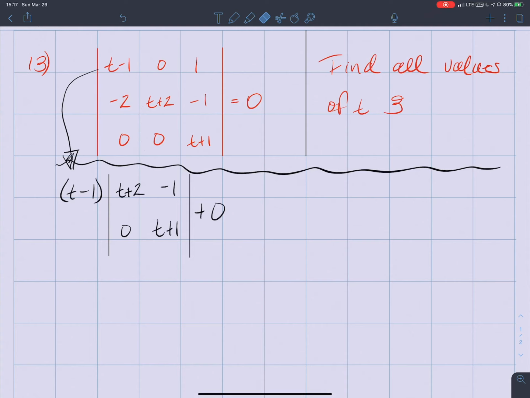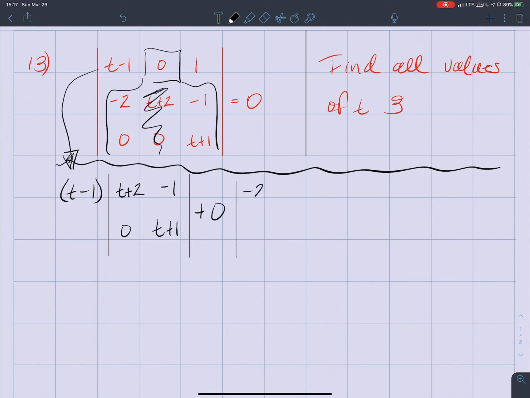Then we move on to the next, and it's going to be 0. We're going to use this as our anchor, and we're going to ignore the rest of this row and obviously this column also. So we're going to do 0, and we're going to take what's in here, not counting the row that we've already excluded.